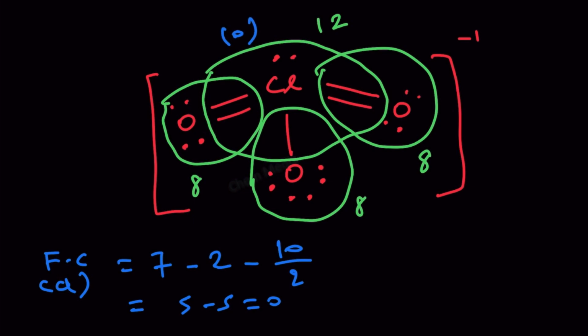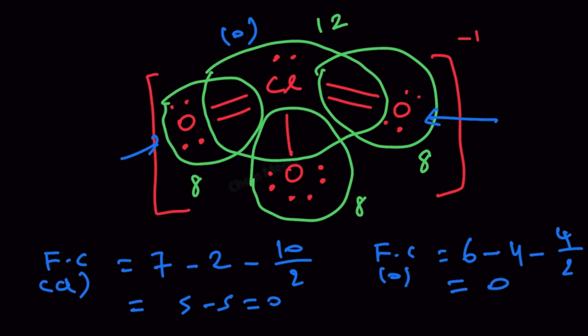How about the oxygen atom that is having a double bond? Let us calculate that first. For oxygen atoms, we have 6 valence electrons in oxygen. For the oxygen that is having a double bond, we have 2 lone pairs, therefore 4 here, minus we have 2 bonds, therefore 4 by 2. Therefore, this will become 2 minus 2, that would be equal to 0.